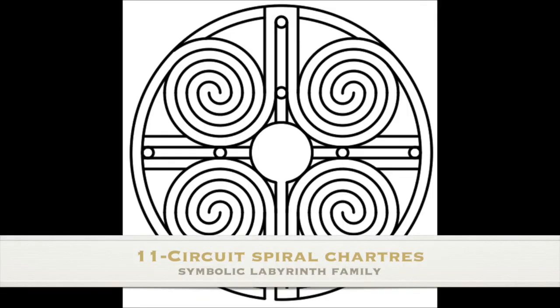And this is a modern contemporary avant-garde labyrinth by Tom Vetter in Minnesota, and Tom is really pushing the boundaries of what labyrinth design is, and I love his creativity.